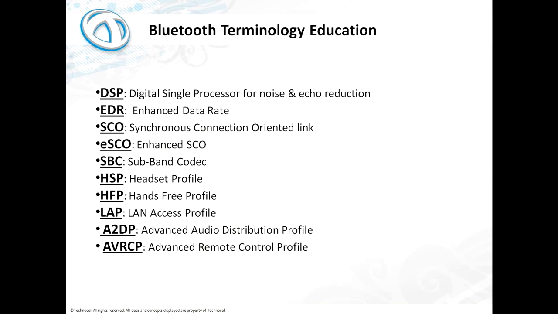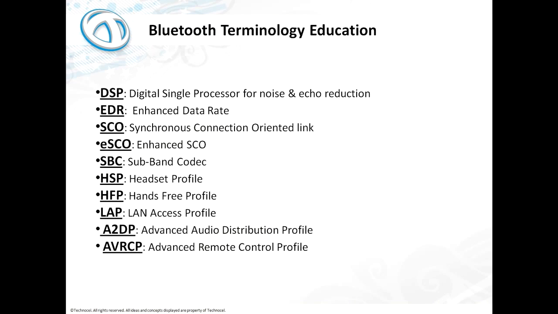We're going to touch quickly through these terms as you can see on the slide. The first one is DSP, and that stands for Digital Signal Processor. The only thing you have to know about this is if you see any Bluetooth, whether on the packaging or a sales flyer, that says it has DSP, that is basic. It's going to be your basic noise cancellation and noise reduction.